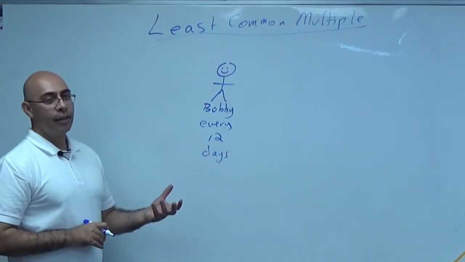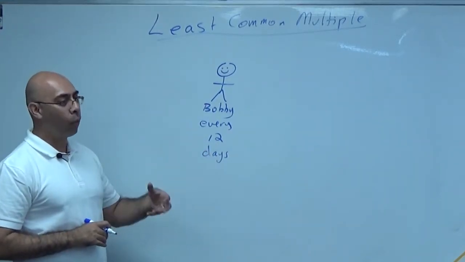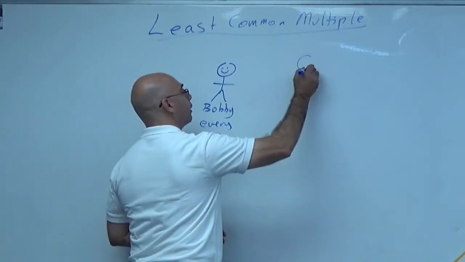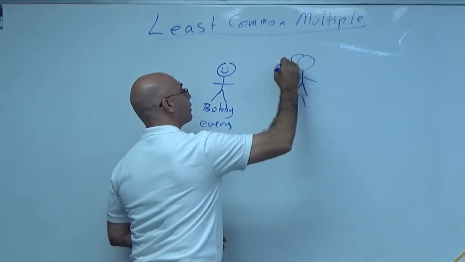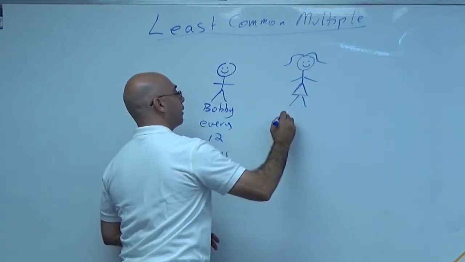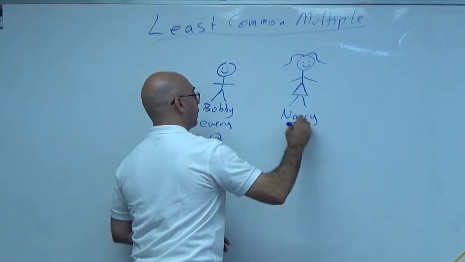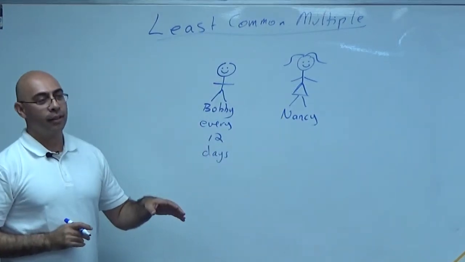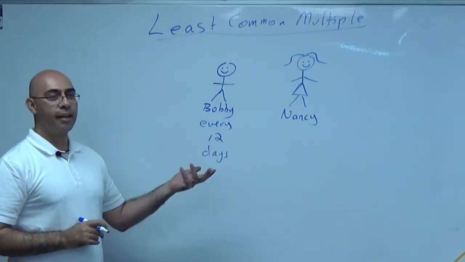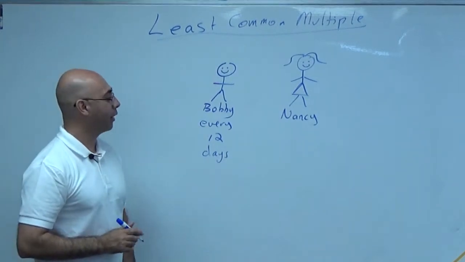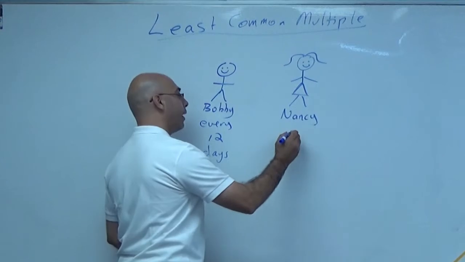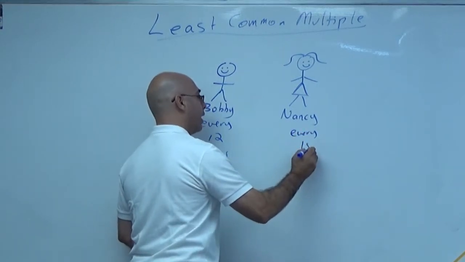And then he runs into, at one house, Not Too Shabby Nancy. She likes to go out for walks after she comes home from work, and she walks by that spot every 18 days.